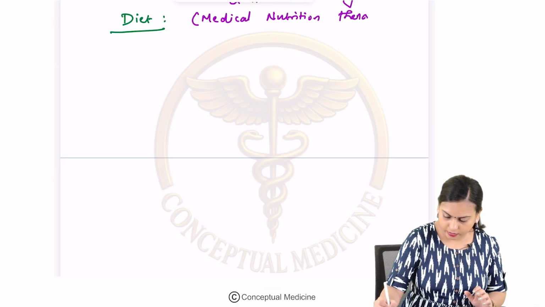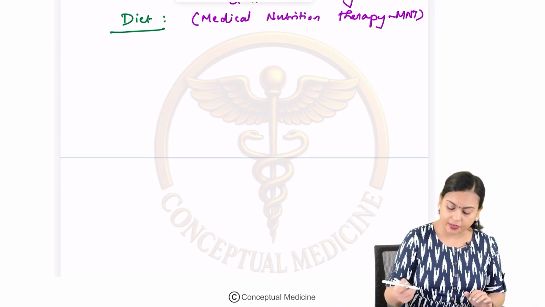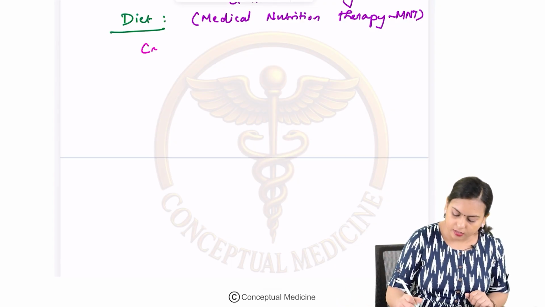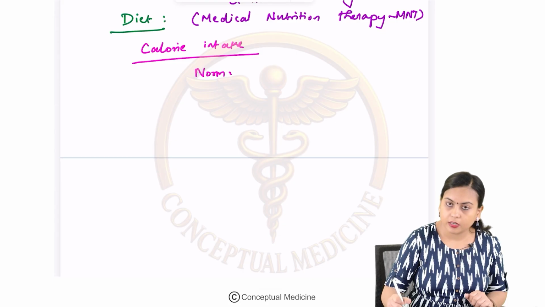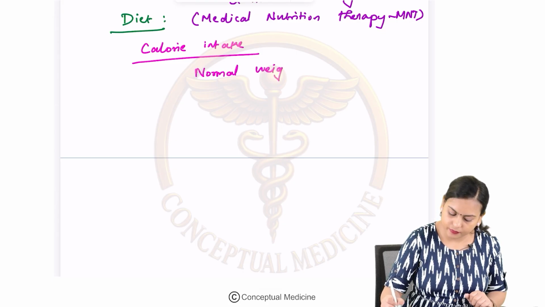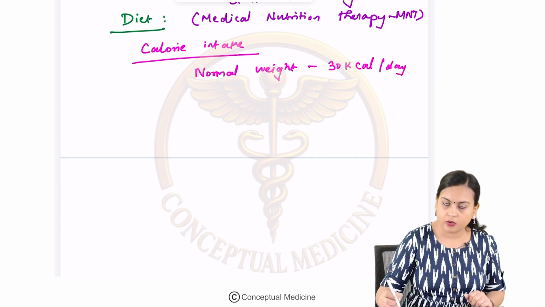Okay. So that is known as MNT. Here we have to adjust the calorie intake. If she is a normal weight woman, you have to maintain it at 30 kilocalories per kilogram per day.